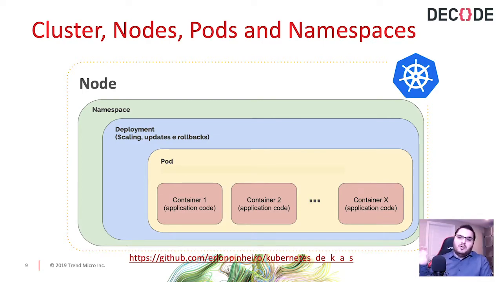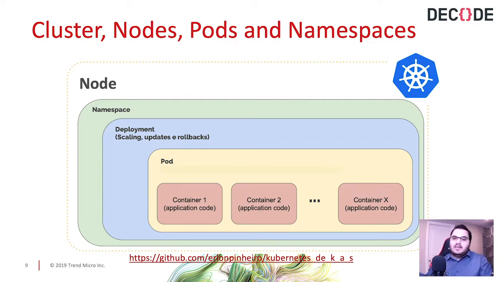As I said, the pod is an object inside the Kubernetes cluster. It's the smallest unit that you can have in your cluster. A pod is comprised of at least one or more containers. So it's not a one-to-one relationship. You can have one container in a pod, but you can have more, right?